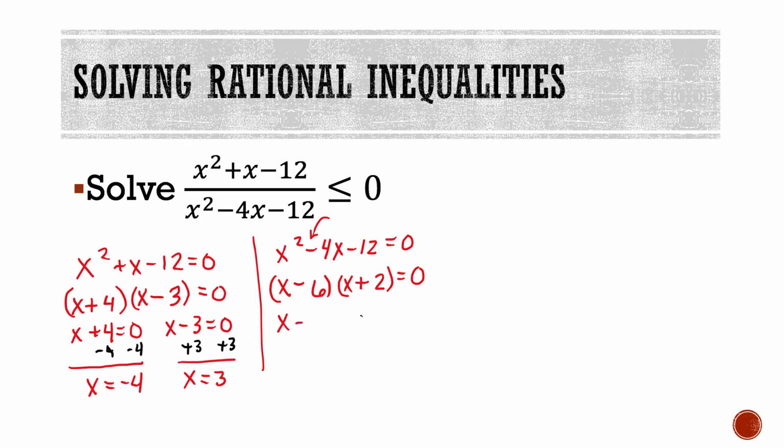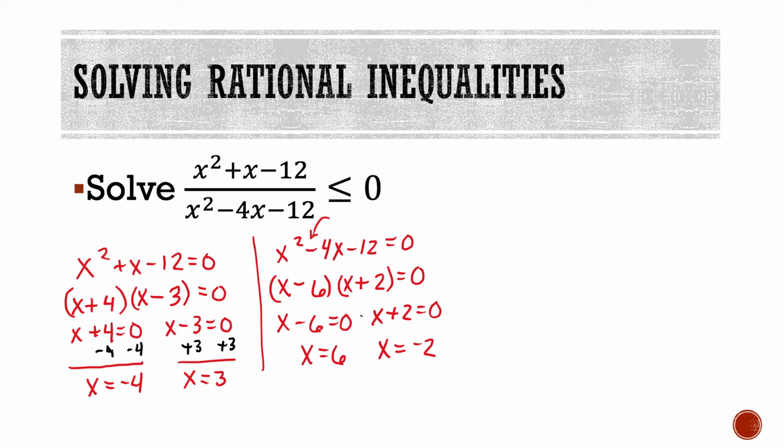We'll then set each of these terms equal to 0 and solve. So we're going to get x is equal to 6 when we add 6 to both sides. And we're going to get x is equal to -2 when we subtract 2 from both sides.